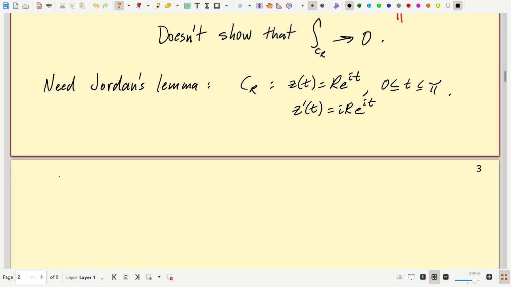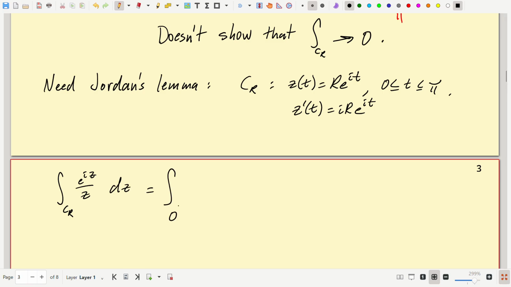And so I need to calculate the integral along C sub r of e to the iz over z dz, which would be the integral from 0 to pi of e to the i r e to the it, that looks nasty, divided by r e to the it, and z prime of t is i r e to the it dt. Well, at least something cancels there.